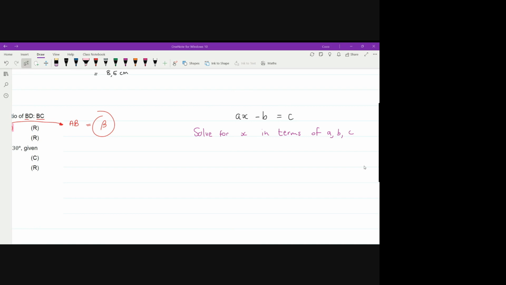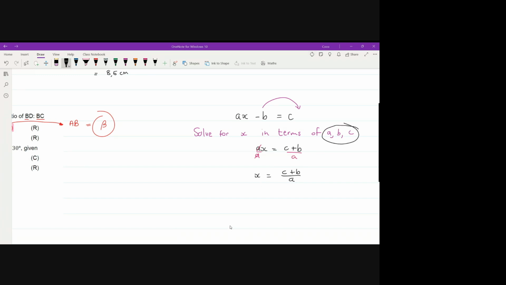Can we solve for that very quickly? I'm sure we can, right? I'm just going to take negative B over to the other side and it's going to become positive B. I'll end up with AX is equal to C plus B. Now I need X on its own, so I'm going to divide both sides by A. So X is equal to C plus B over A. Do you see how my answer for X has A, B, and C in it?